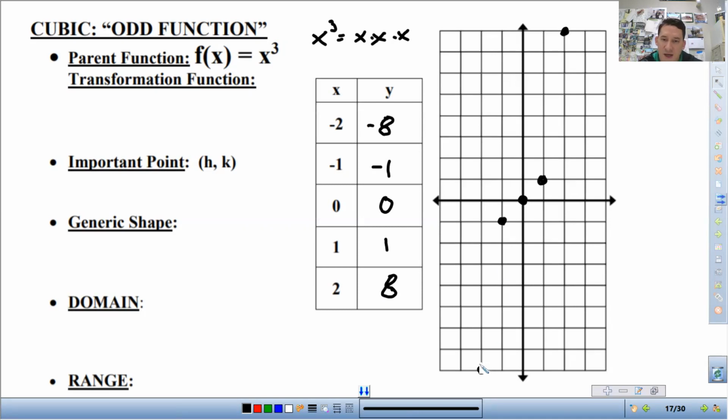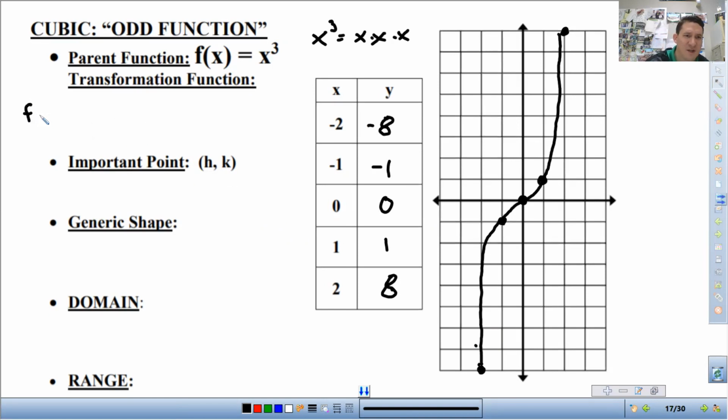And what this looks like is a nice smooth curve. That's actually not too bad. I didn't do too bad of a job with that one.